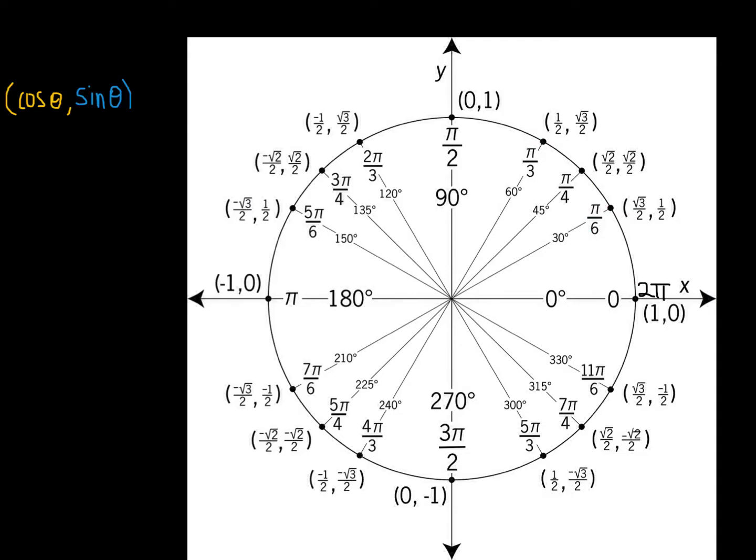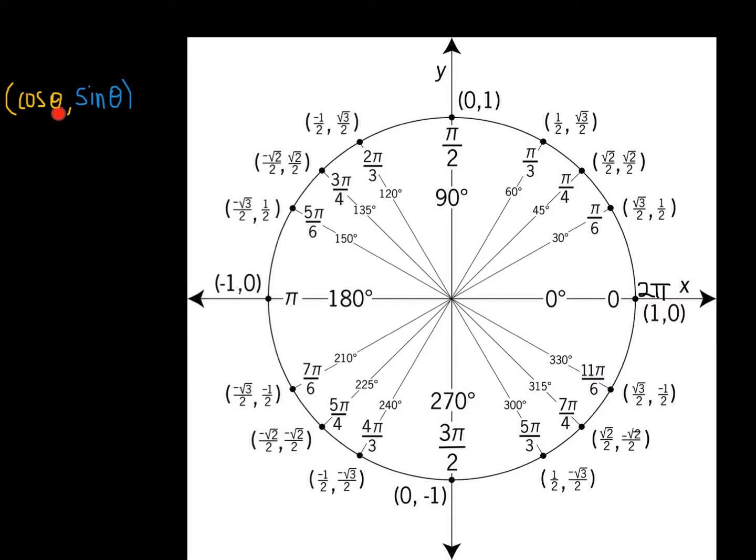The arc length that we've traveled to get to a certain point is the angle measure, the radian measure. So for example, all the way around the unit circle will take 2 pi units, and pi over 6 is a length of pi over 6 units. This would be a length of pi over 2 units. And that's an important thing to keep in mind as we move forward.